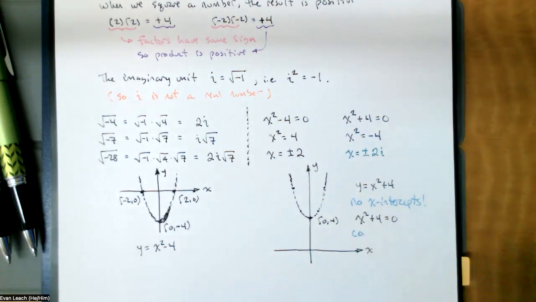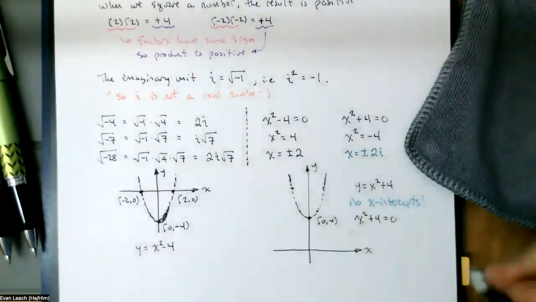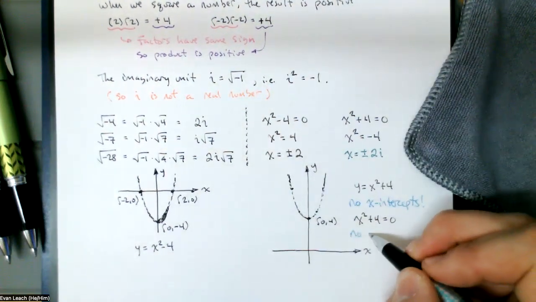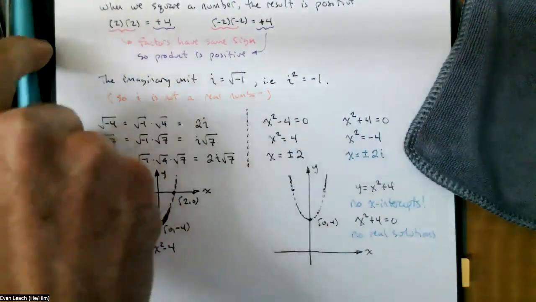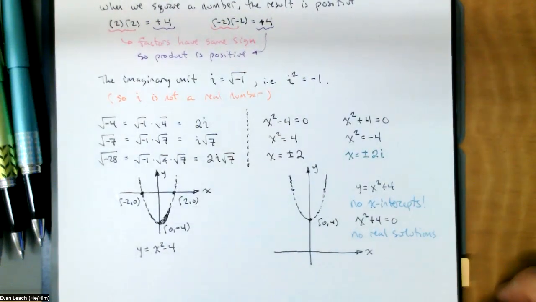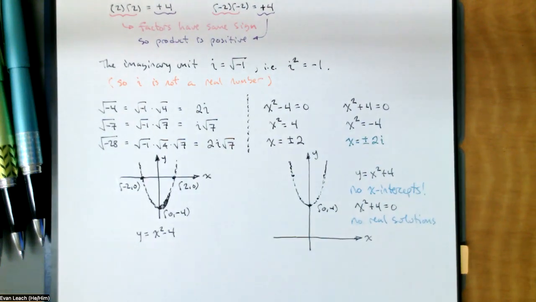Well, I'm going to say no real solution. We might say that the function itself has no real zeros.